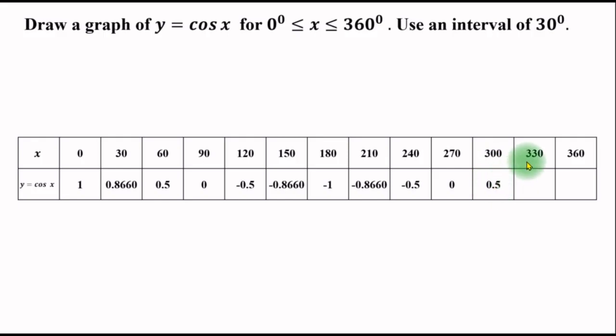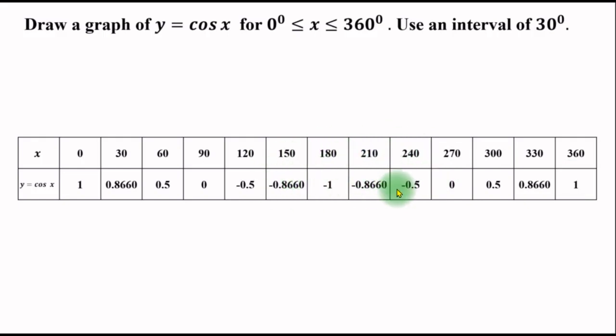When x is 330, cosine 330 will be 0.8660. When x is 360, cosine 360 will be 1. Fine. You already have these table values.